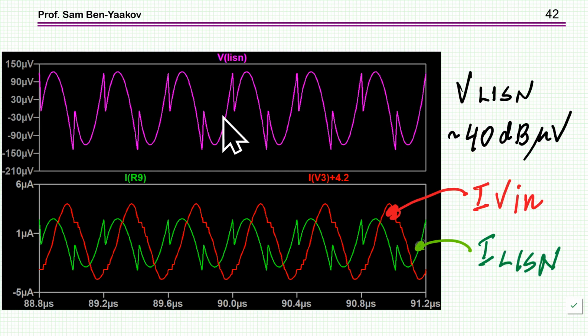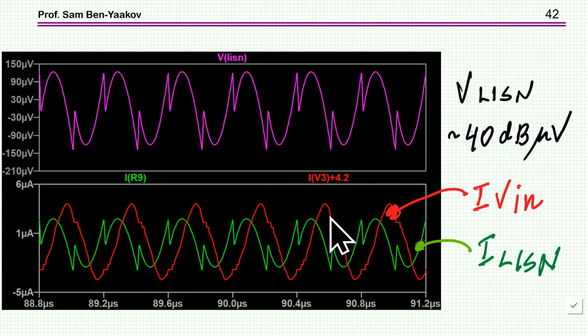And in this case I'm getting something which is sort of consistent with what we got earlier in the frequency domain, in the AC analysis. We see here now, rather than a triangular waveform, a sinusoidal waveform, which means it's more reactive. The amplitude is a little bit lower, 40 dB, which is close to the norm, but again, this is not the real circuit because the LISN is incorrect.